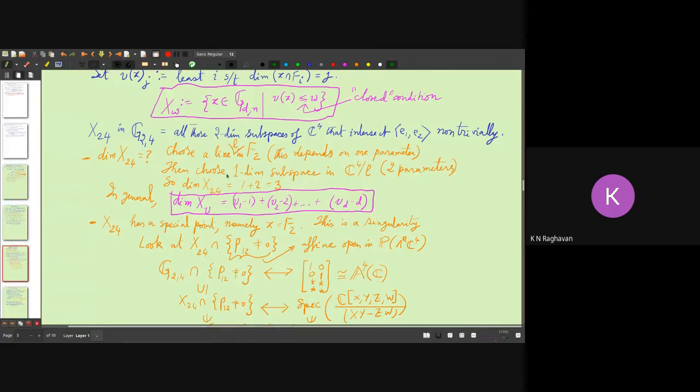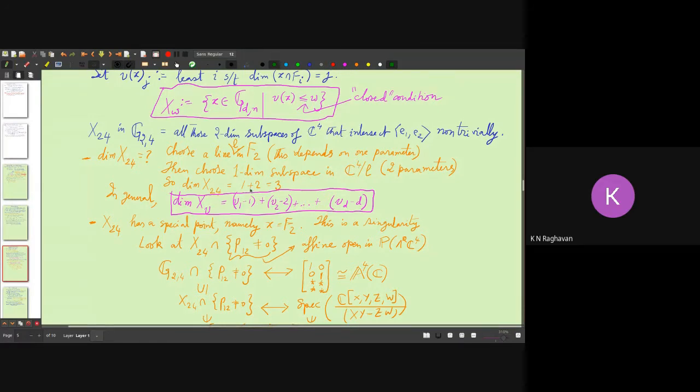Having chosen that one-dimensional subspace, I must choose one other to get to my two-dimensional subspace, and that is modulo L. I must choose one more, and now this is dimension 3. So I'm choosing a line in a dimension 3 vector space, that's like a P^2, and so it's dimension 2.